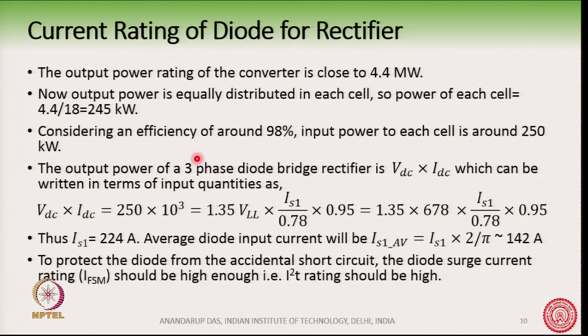the input power to each cell is about 250 kilowatt. Now, the output power of the rectifier is equal to VDC into IDC, which you can again write in terms of the input quantities.